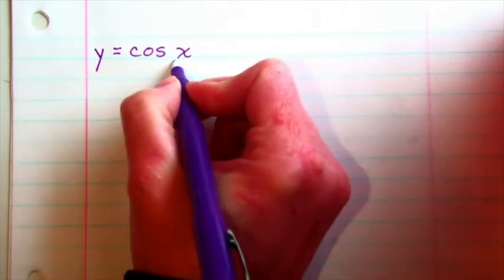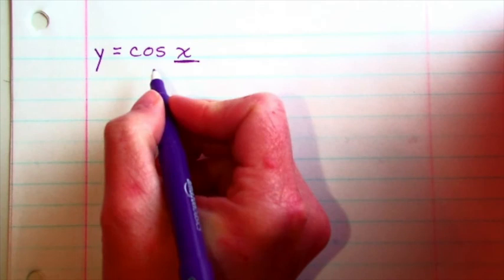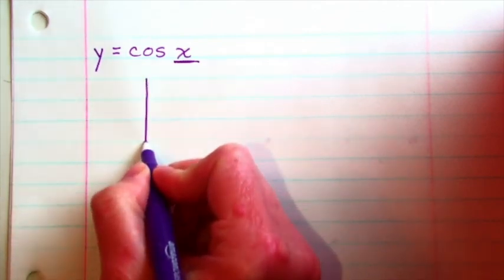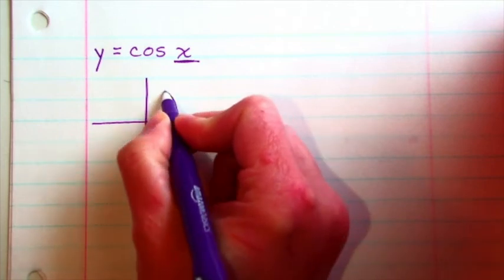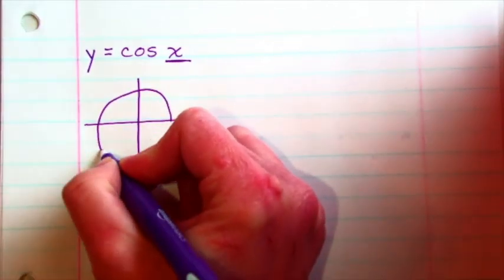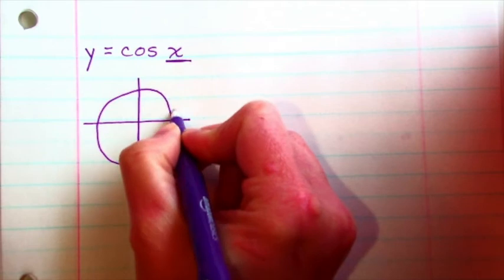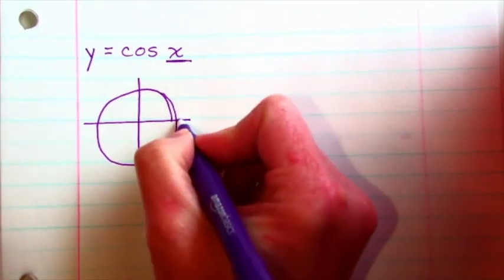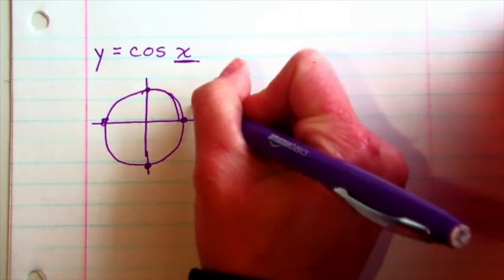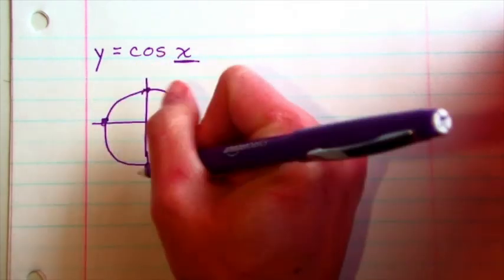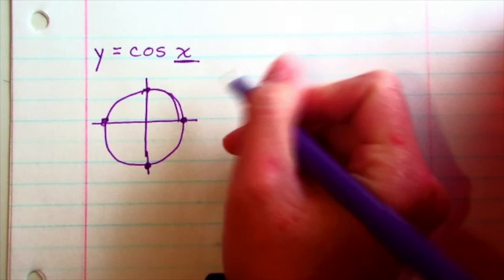So remember that x is the angle. We're still going to use those quadrantal angles. So we're still going to go back to just that 90, 180. That's not quite a circle, but we'll pretend it is. And 360, 270. So we still are really interested in the points that are on the x and y axis.